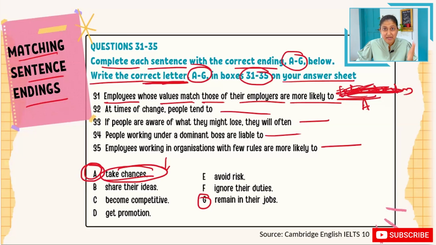Simple. Understood? Had these options been lengthier, you could have understood this earlier. But when I said I'll write take chances, you must have said, yeah, correct. No, it's not correct. See the importance of instructions. The instructions are saying, write the correct letter A to G in the boxes. You don't have to write the entire answer in the boxes. You just have to write the correct letter in the box. Got it? Do you notice the importance of instructions?